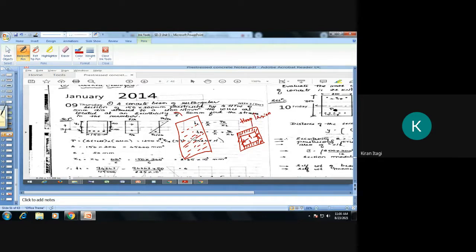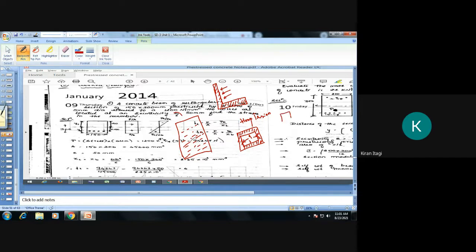If I draw the cross section, this is the cross section of this tank. Hoop tension means the tension which is caused by the liquid, and this is a hollow one.